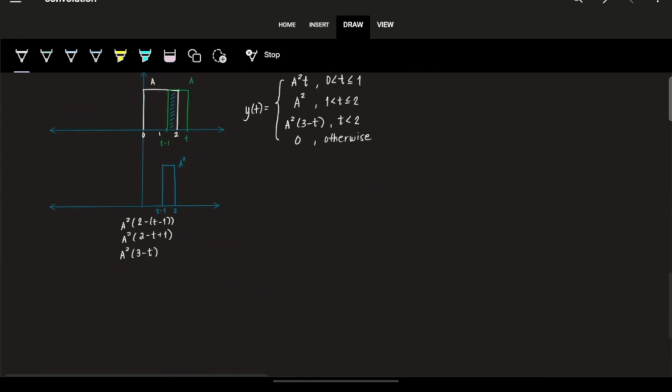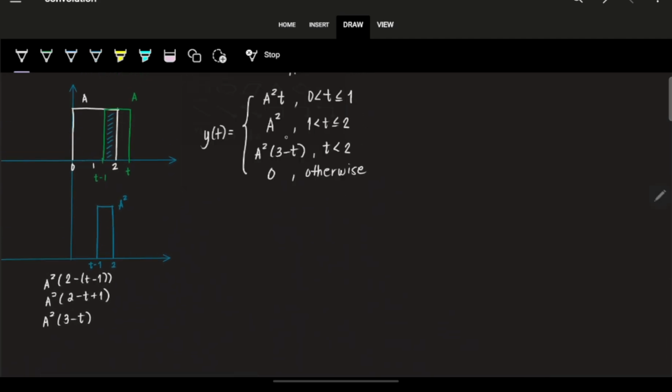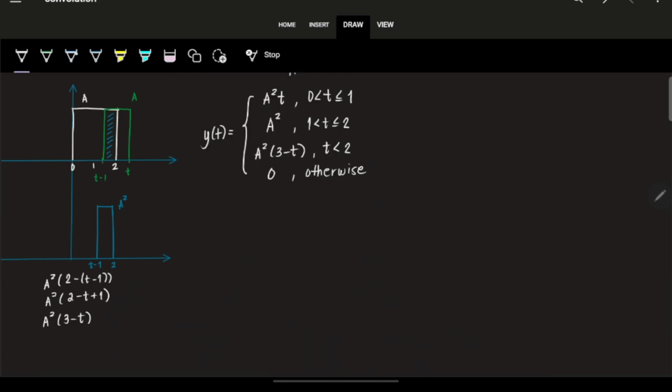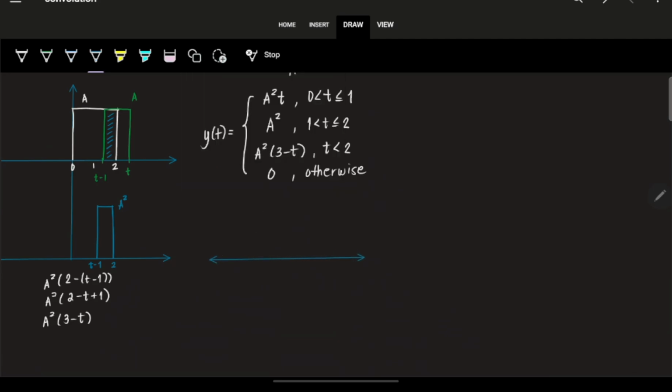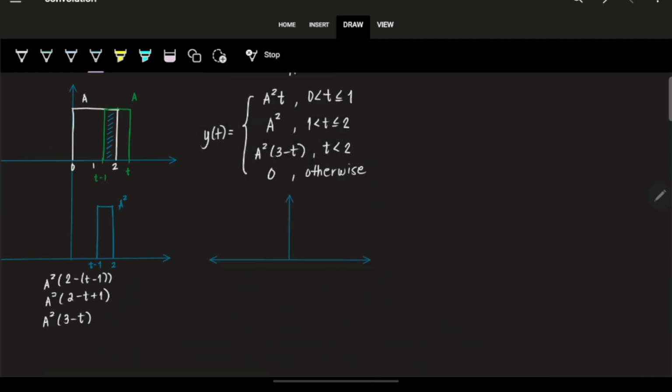Now, syempre hindi naman dito natatapos. Let's graph this new piecewise function. Let's graph the signal between 0 and 1.